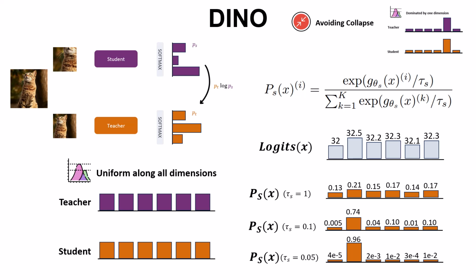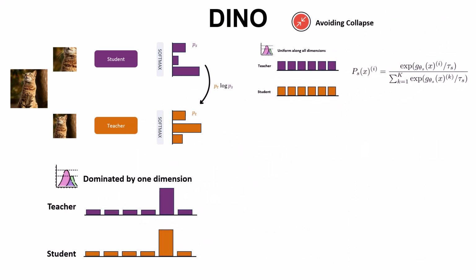But that causes the second issue, which is being dominated by one dimension. And how can I avoid this? I can use a centering operation, where, when we look at the logits of the teacher, we add a bias C to it before passing it to softmax.